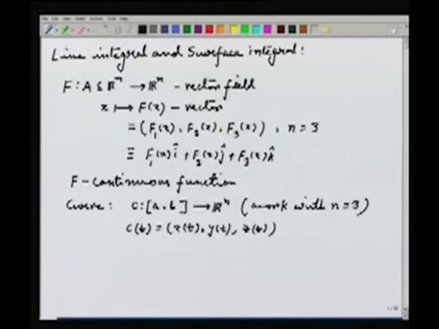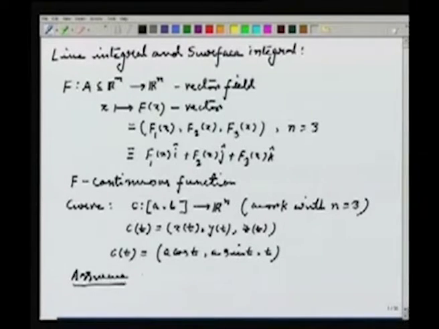Okay. For example, I can look at this kind of a curve, that C(t) equals (a cos t, a sin t, t). This is certainly a curve. So that is a continuous function. So I will demand a property on C, that is, we'll assume, that means I am looking at some specific kind of curves which has certain analytic property that would help me in defining the line integral.